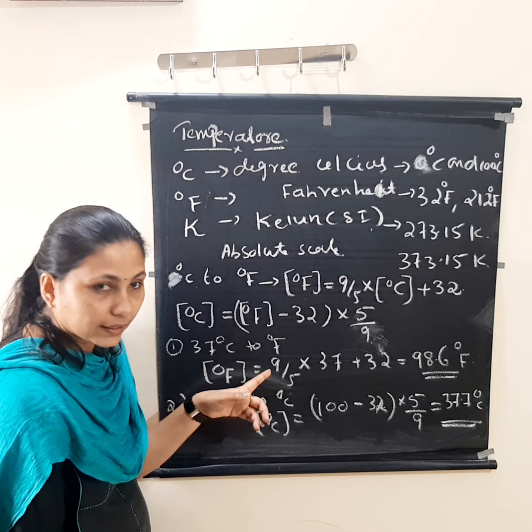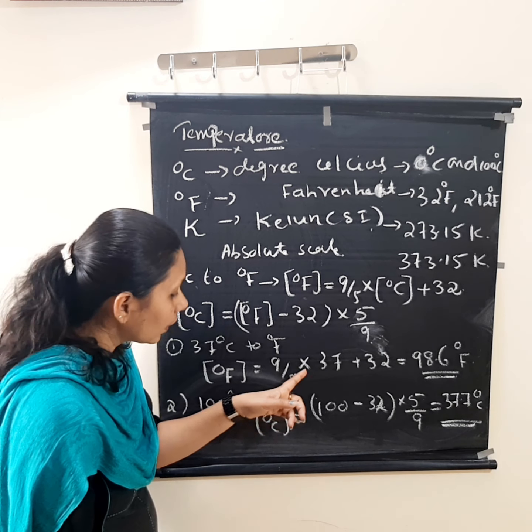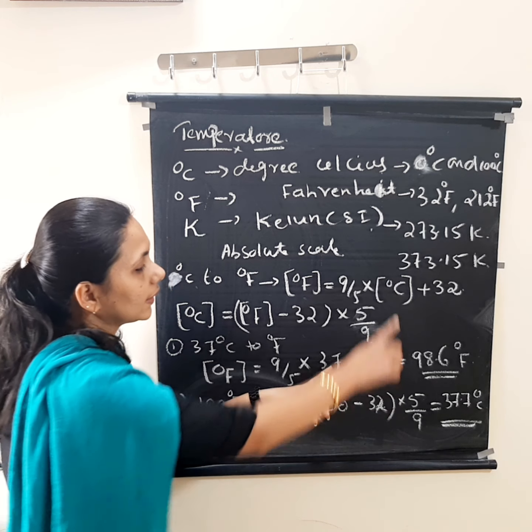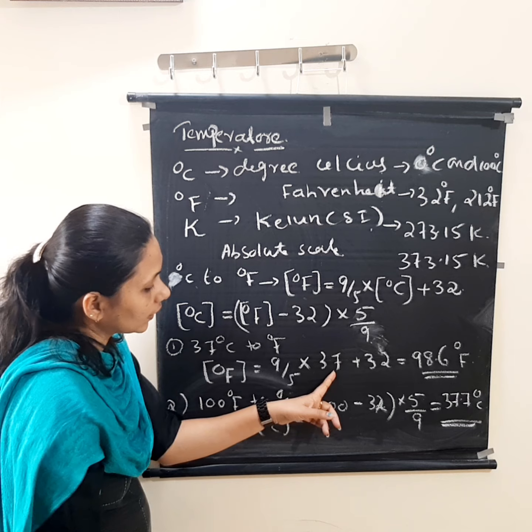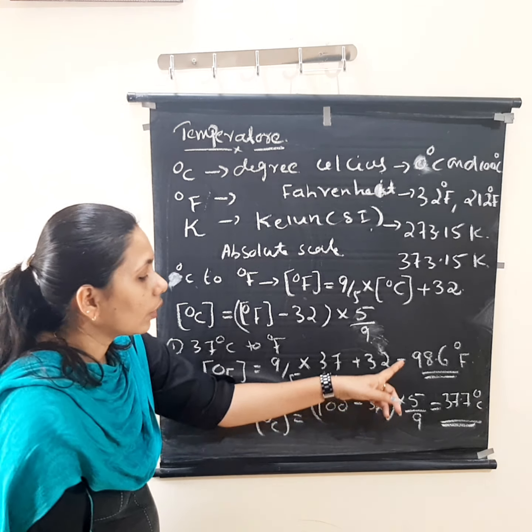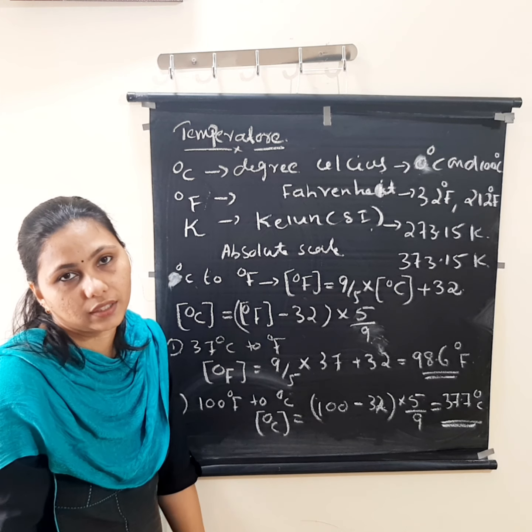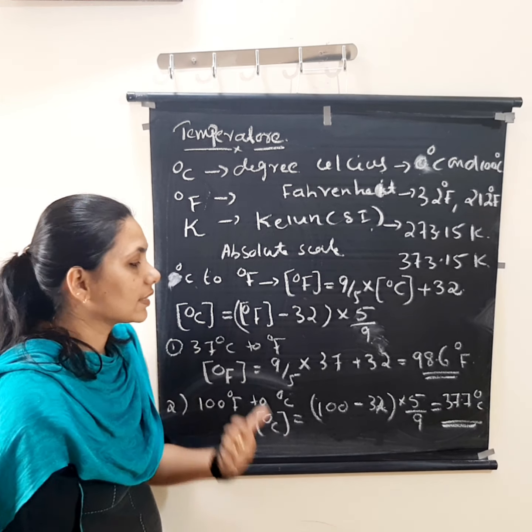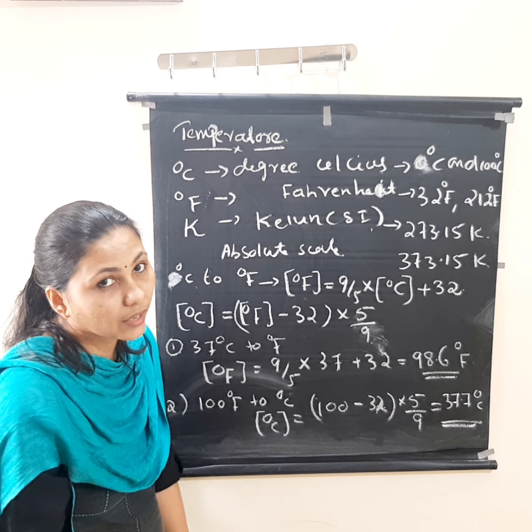So we will apply that equation. Degree Fahrenheit equals 9 by 5 into 37, plus 32. After doing the calculation, we will get 98.6 degrees Fahrenheit. So 37 degrees Celsius means 98.6 degrees Fahrenheit.